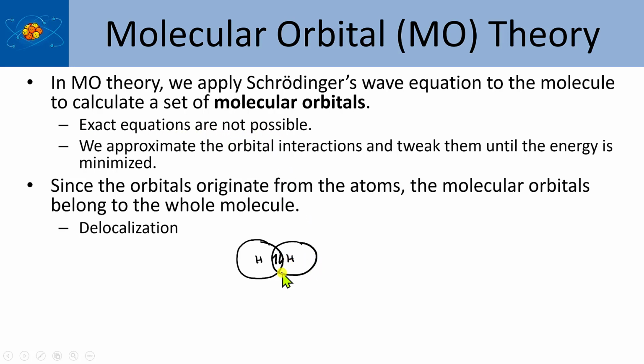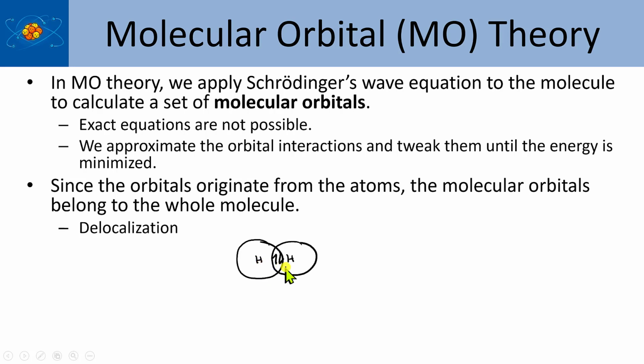So what we do is we write equations for the wave functions, and we look at the combination of wave functions for the two atoms, and then we try to minimize the energy by adjusting each of the wave functions until we find the lowest possible energy for the electrons. And that's actually what defines the orbital. Now that's kind of a hard thing to think about, but conceptually it can be drawn up pretty easily, and that's actually the way we'll be doing it in this chapter.